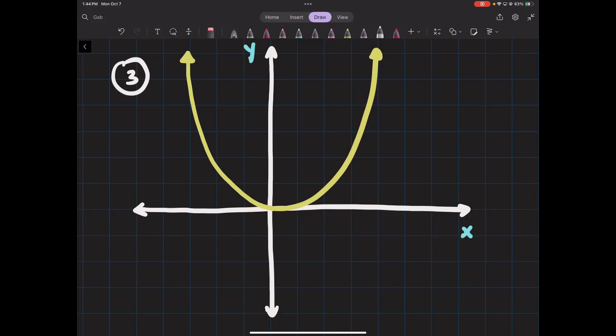Okay, next one. What is this? And then bonus points. Does anybody know what the name of it is? Parabola?